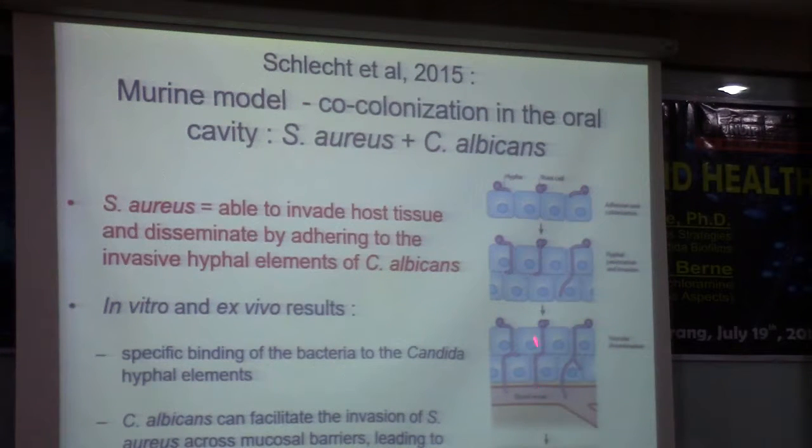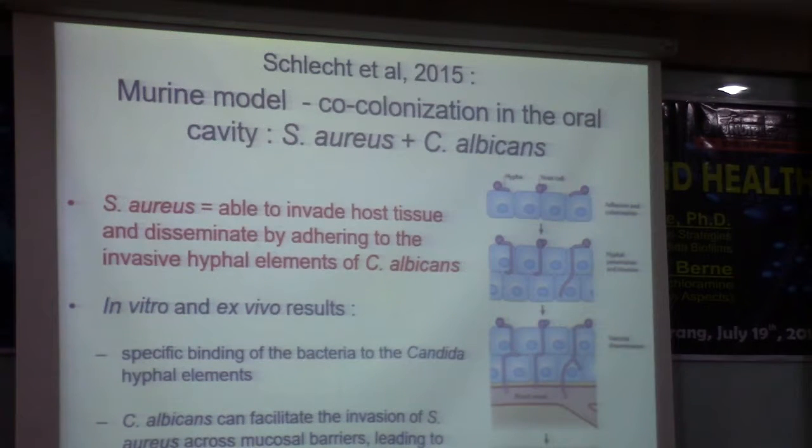virulence mechanism of yeast. So they cross the epithelial wall and up to the vascular system, the blood vessel. And in fact, you can imagine that bacterial cells are adhering to the hyphal part, and so thanks to the fungi, they reach the blood vessels.